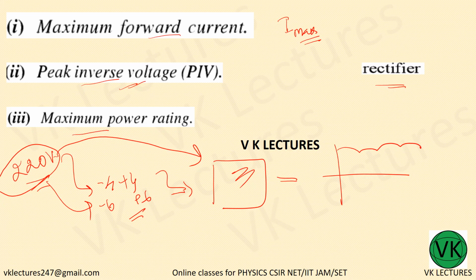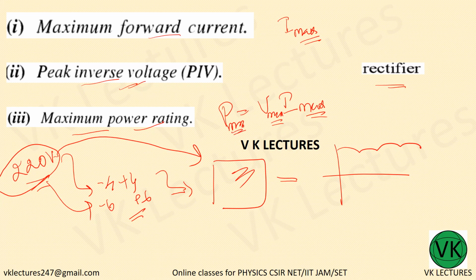Now, maximum power rating. Maximum power rating means power equals V times I. We have the maximum current that can flow and the maximum V that can be supplied. That is P max.